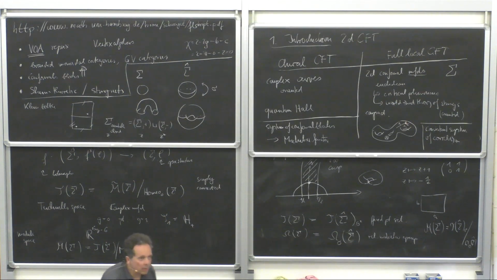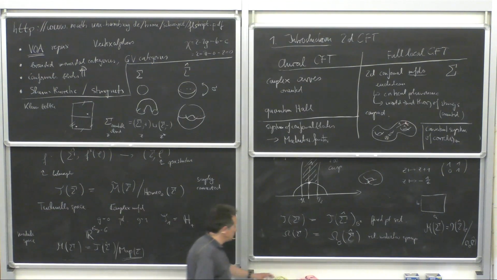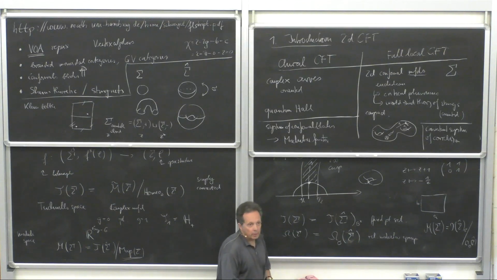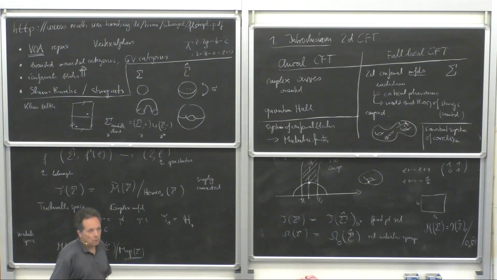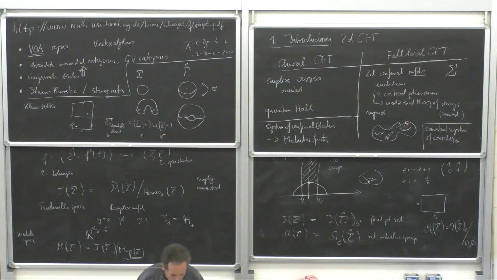I should emphasize nothing of this is my work. These are classical results, and classical means that sometimes these are results up to the early 2000s. Now, before I erase and then go on to describe the symmetry structures, which is vertex algebras, that's my choice.